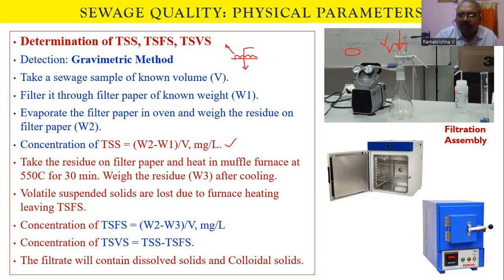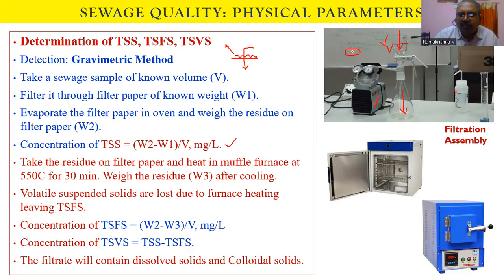And when the water starts filtering through the filter paper, we are going to make use of a suction pump to increase the separation of liquid and solid particles. So the liquid is going to be filtered out, leaving the residue on the filter paper.